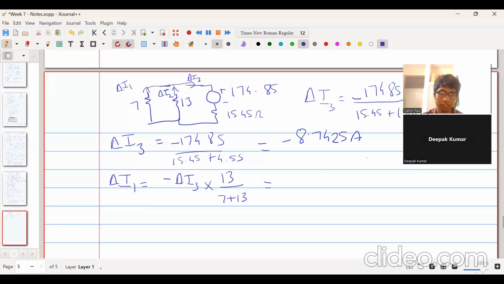It will be in this direction, so delta I1 will be plus delta I3 into 13 upon 7 plus 13. So minus 5.68.